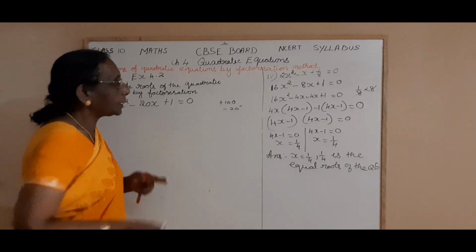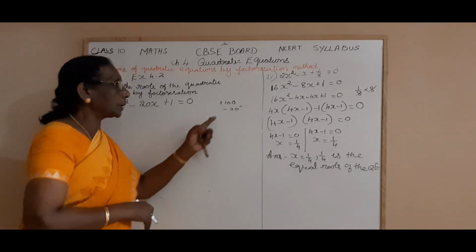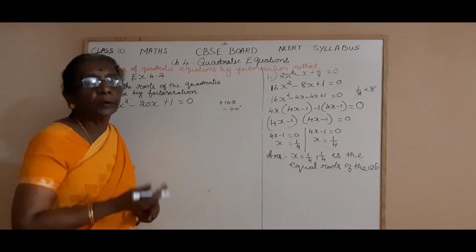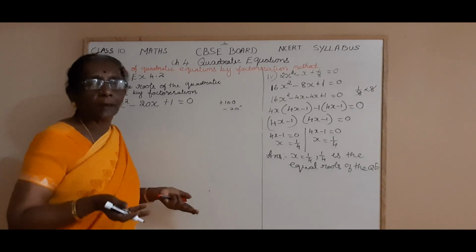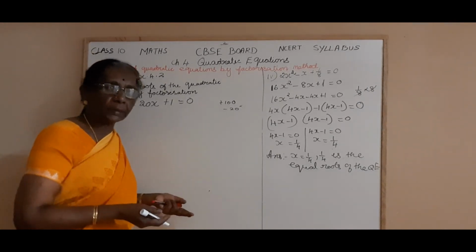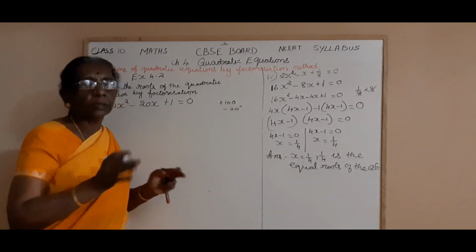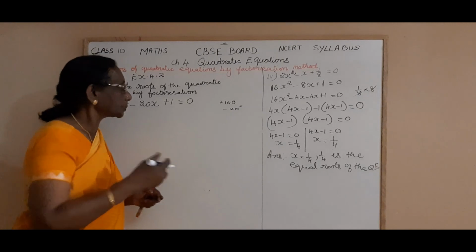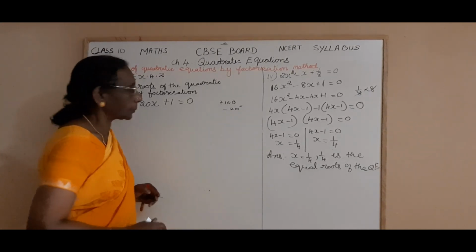When you add, you have to get minus 20. When you multiply, you have to get 100. So very easily all of you know, 10 tens are 100. So px and qx are both minus 10x because the sum is negative.